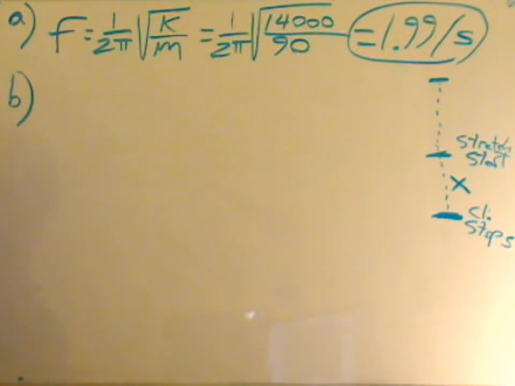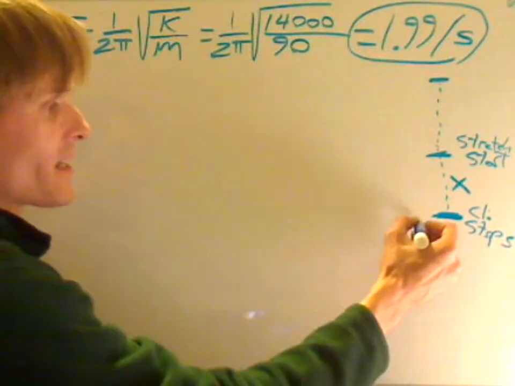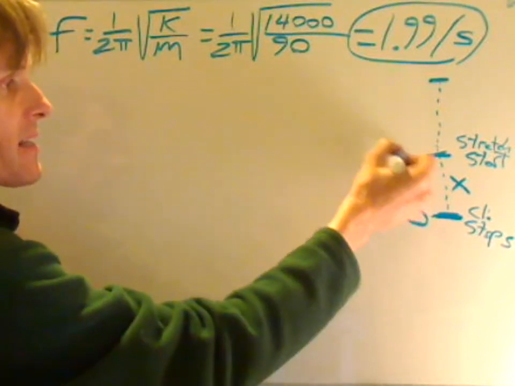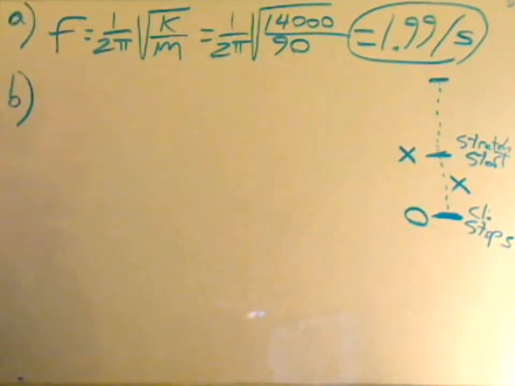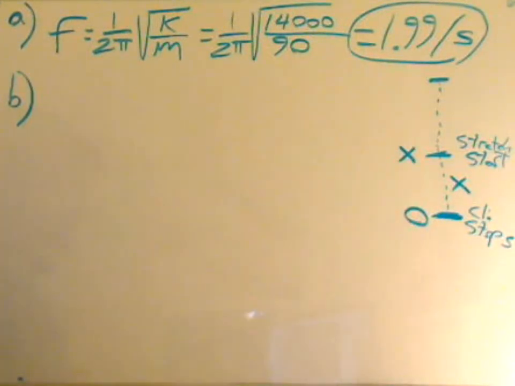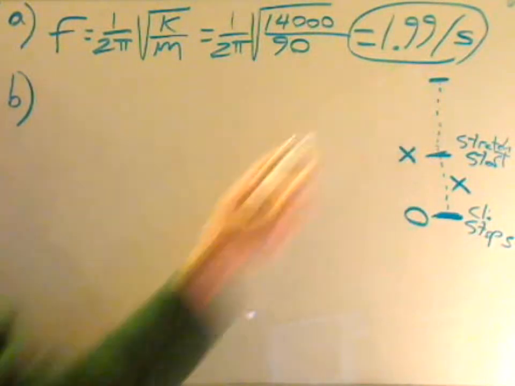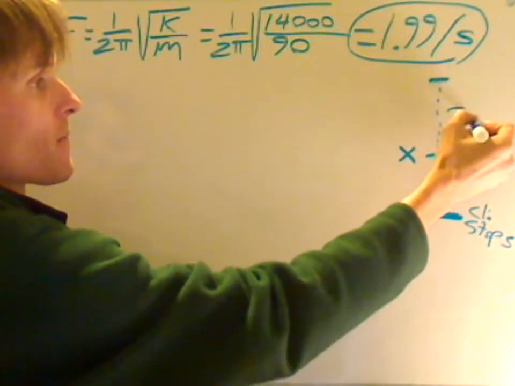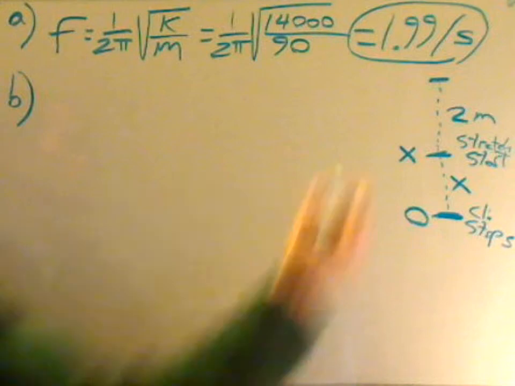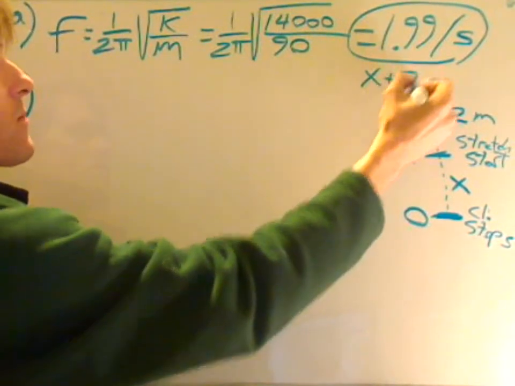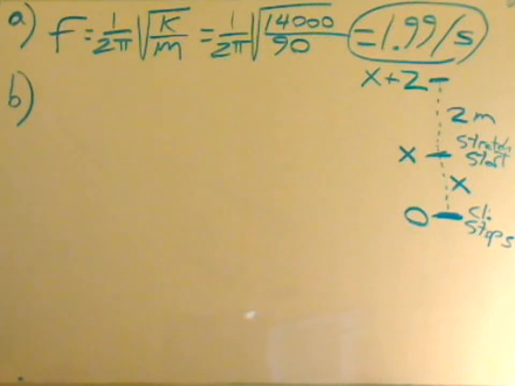Now, basically, we're going to take this height as 0. Okay? And therefore, this height is x. Okay, and that's what we're trying to solve. How far does the rope stretch? And the climber falls 2 meters before the rope starts stretching. So this is 2 meters here. So therefore, this point up here is x plus 2 meters. Okay? So there's the setup for the problem.